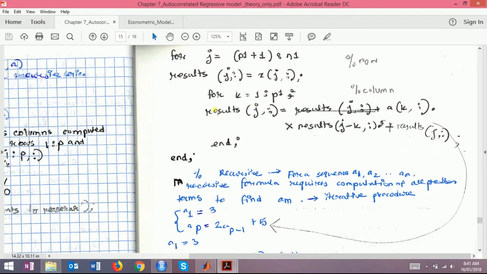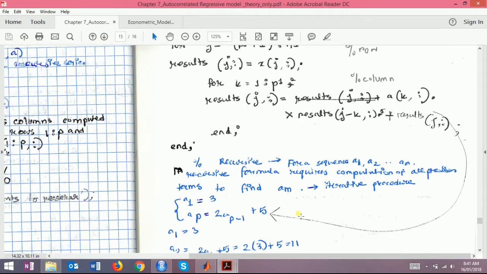Results, first it will go through rows, the loop function, then the loop function will go through columns. Results j rows all columns. So first MATLAB will look into all the columns, and the whole thing will happen for the rows p plus 1 up until n1. Okay, so this is the other function. So you have zeros n1 k1.